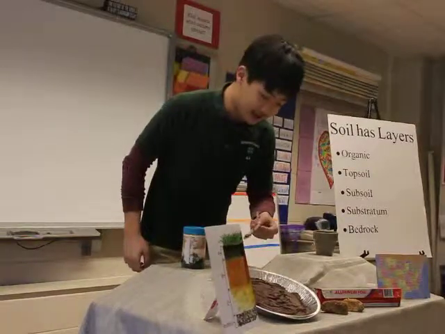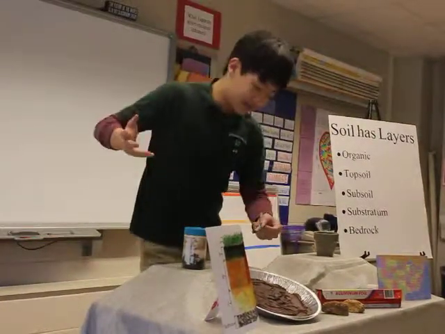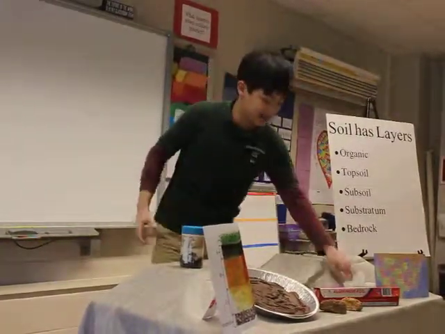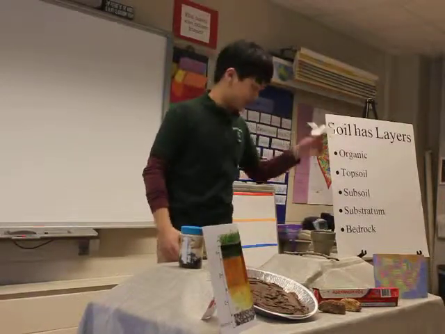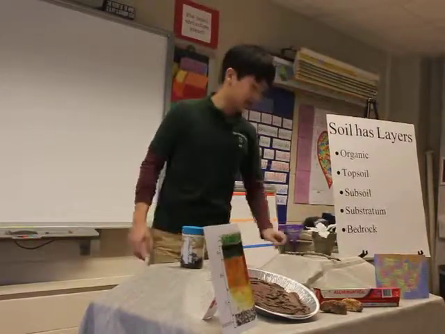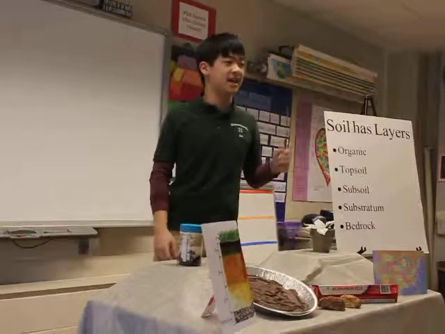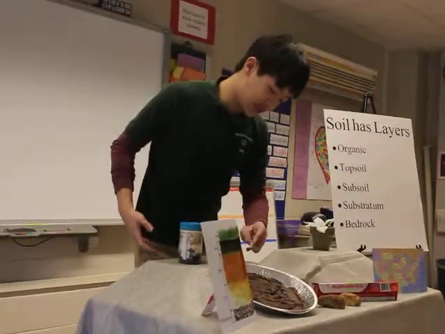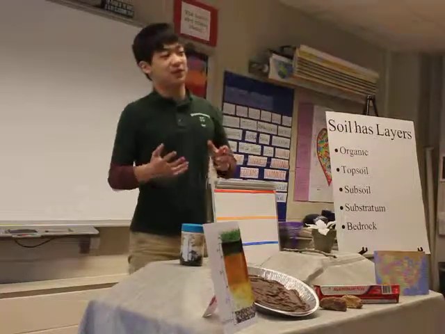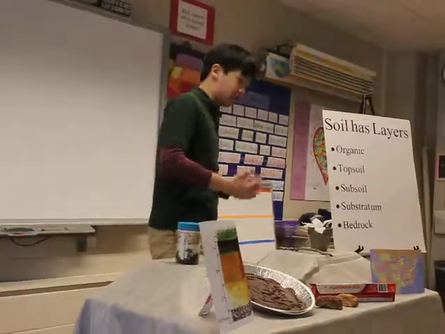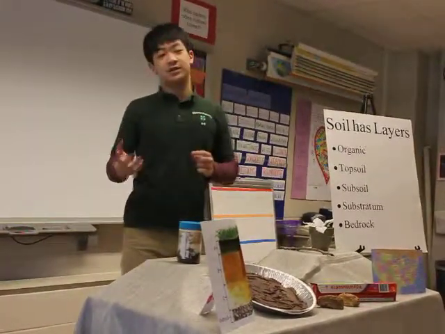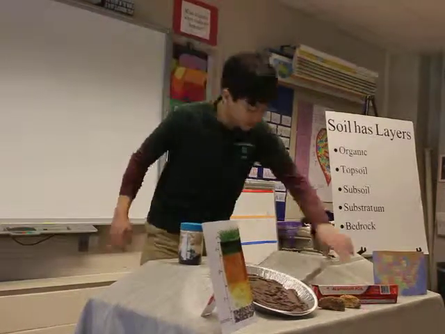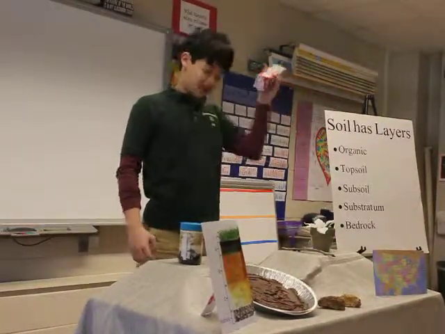This layer has all the living organic material, like plants and other kind of greenery. The topsoil comes next. This is the layer of dirt that we see the most, and it has non-living organic things such as organic residue, along with minerals such as iron, aluminum, and calcium.